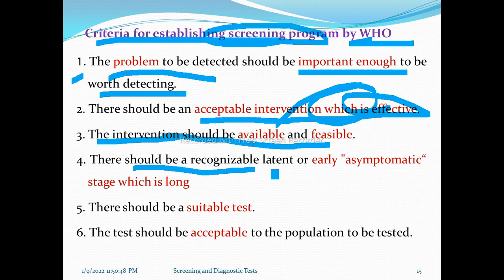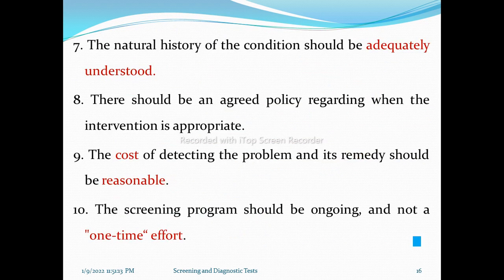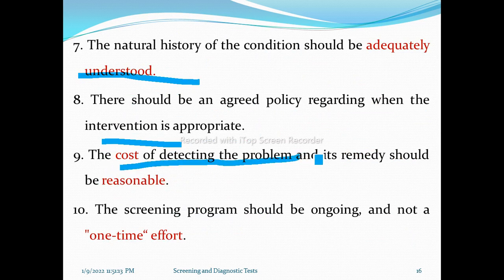There should be recognizable latent or early asymptomatic stage, which is long. There should be a suitable test. The test should be acceptable to the population to be tested. The natural history of the condition should be adequately understood. There should be an agreed policy regarding when intervention is appropriate. The cost of detecting the problem and its remedy should be reasonable.